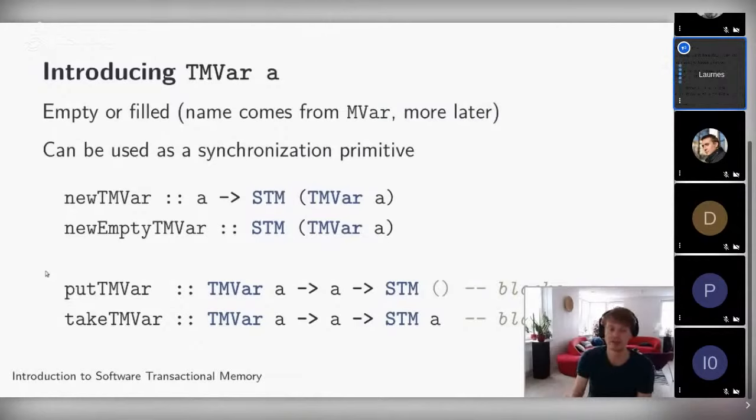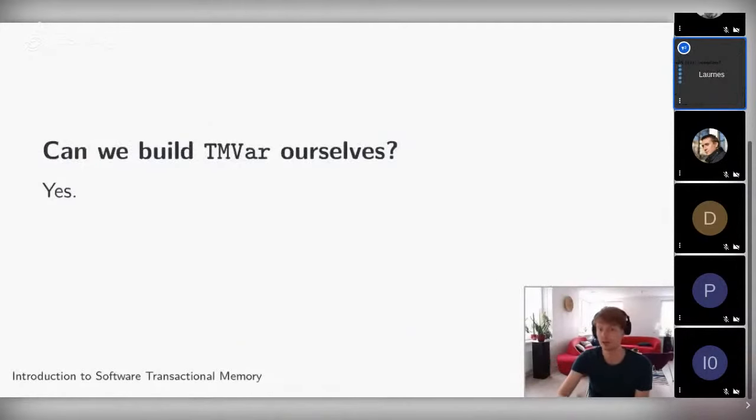You can only put something in it if it's empty. After you've put something in the TMVar, you cannot put something else in it until you take it out with takeTMVar. It's this other function, and takeTMVar also blocks if the TMVar is empty. You can use these to synchronize things over multiple threads within STM transactions, which can be really cool. And the question I want to answer is, can we build this TMVar thing ourselves?